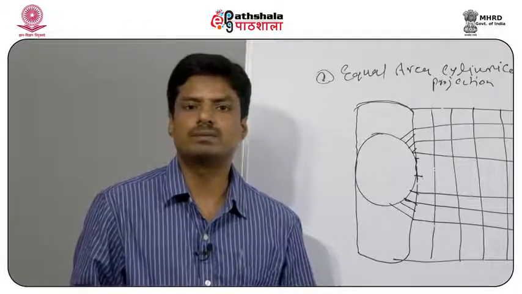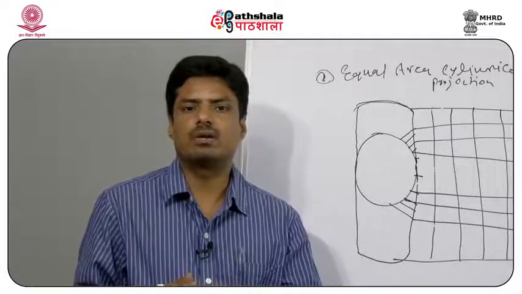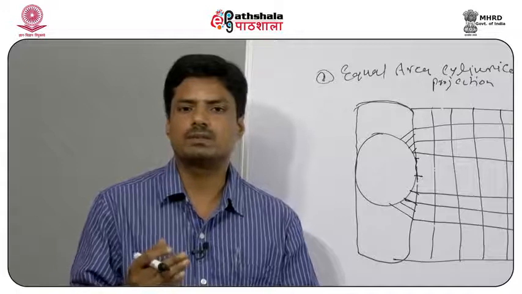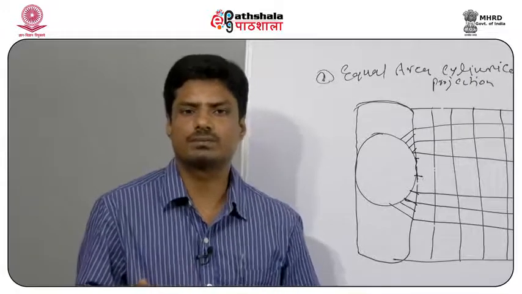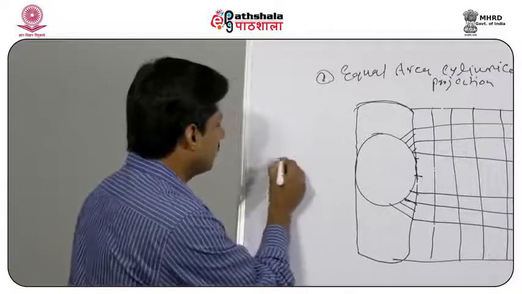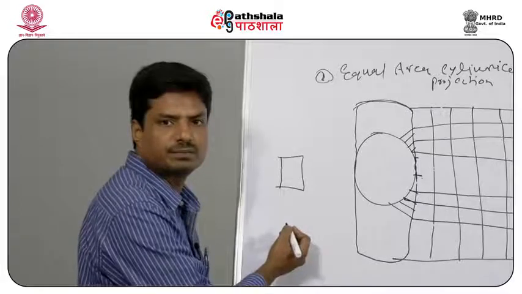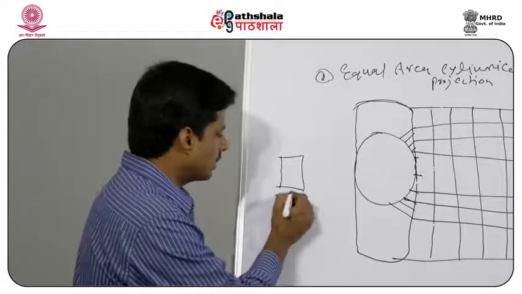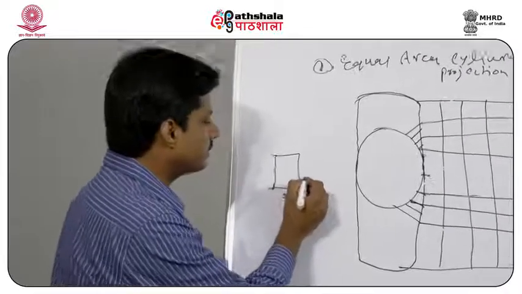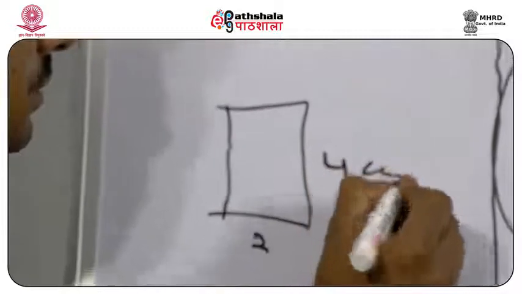When we talk about the shape, the geometry or the relationship between two things should not be changed. I will give you an example. Here we have a rectangle. The breadth is 2 centimeters and the length is 4 centimeters.